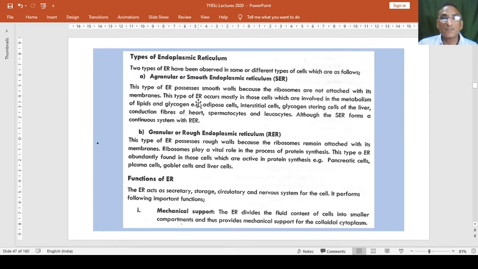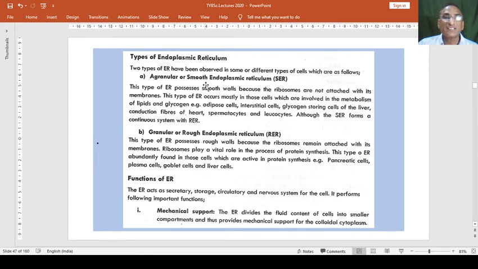This type of endoplasmic reticulum occurs mostly in those cells which are involved in the metabolism of lipids and glycogen. Examples are adipose cells, interstitial cells, glycogen storing cells of the liver, conduction fibers of the heart, spermatocytes and leukocytes.